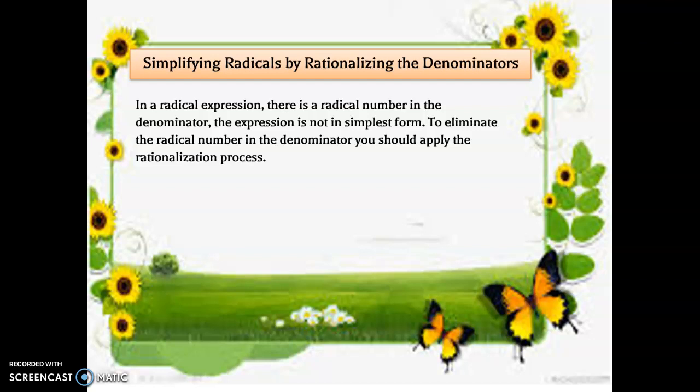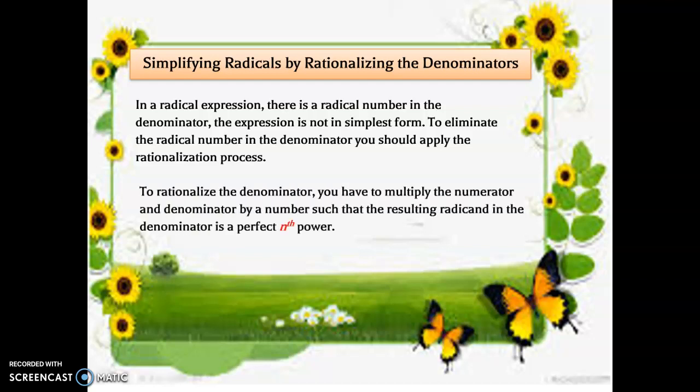So, to eliminate the radical number, kagaya ng sinabi ko kanina, we should apply the rationalization process wherein imumultiply natin yung numerator and denominator by the number such that the resulting radicand in the denominator is a perfect nth power. So, depende kung anong klaseng nth power yung i-represent niya. Kung yan ba ay naka-square root, cube root, fourth root, fifth root, and so on.